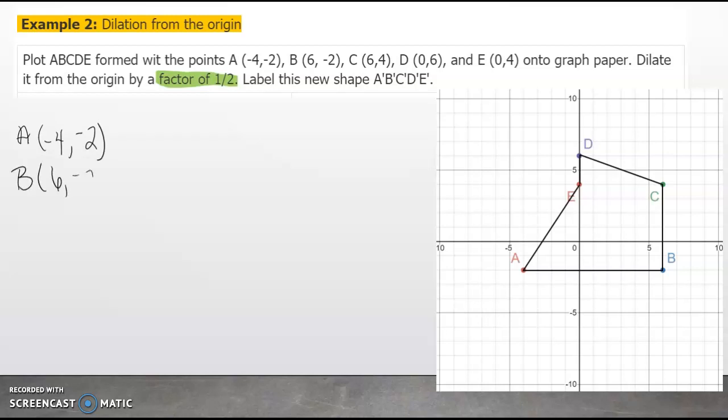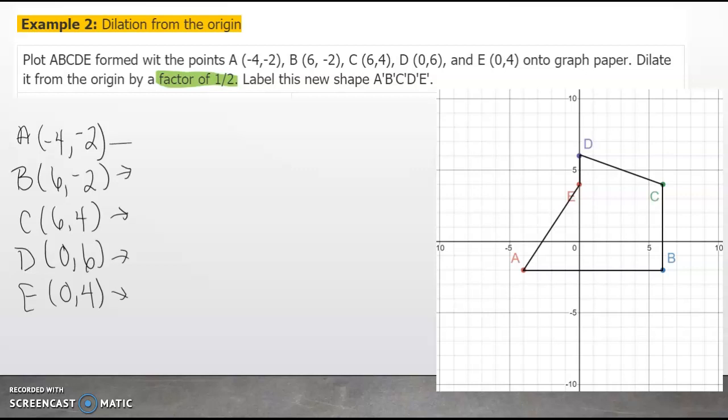B is at 6, negative 2. C is at 6, 4. D is at 0, 6. And E is at 0, 4. So in order to find our new values, we're going to multiply each of these by 1/2. You can either do that by keeping it a fraction or turning it into a decimal.